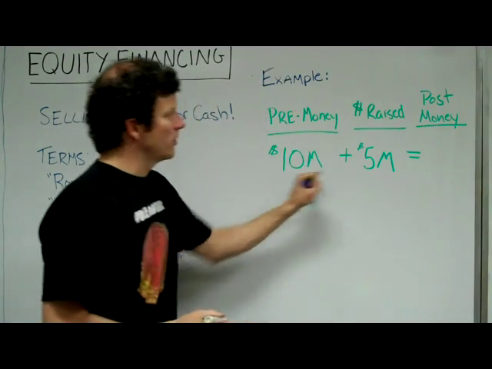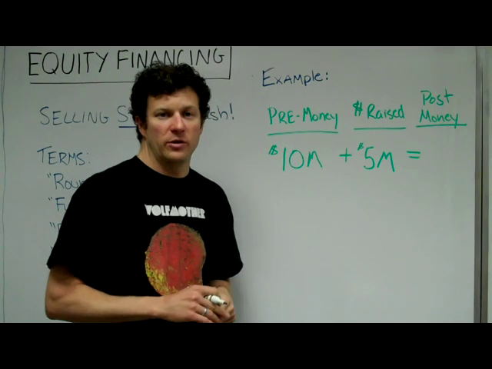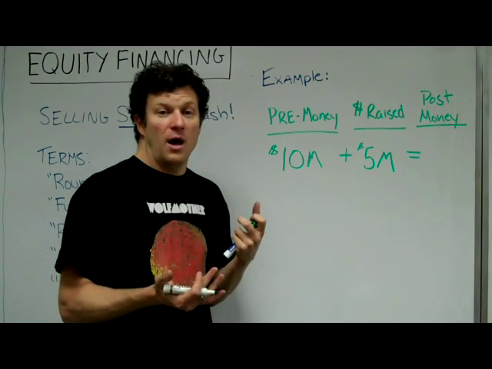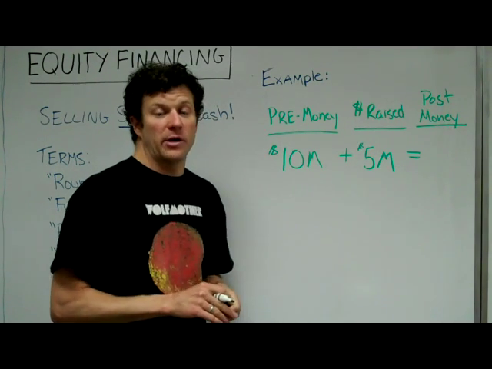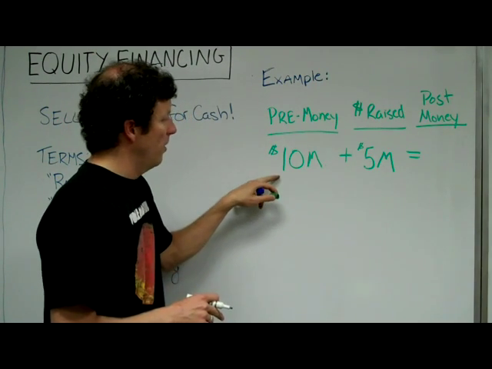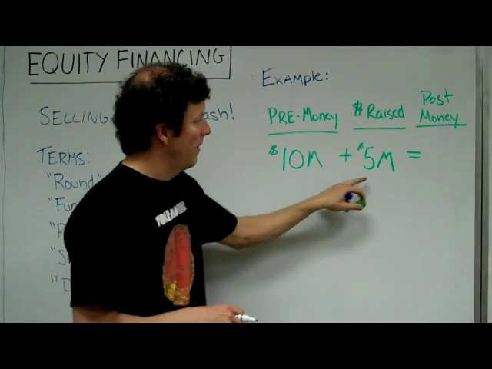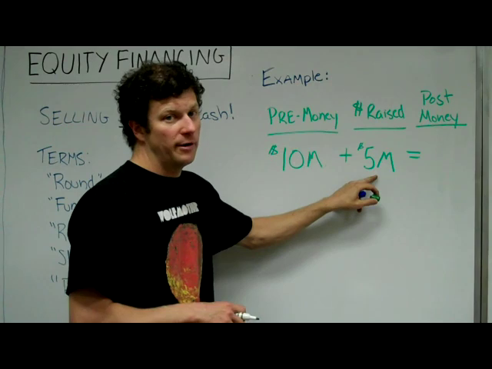The reason these two numbers are important is because it has to do with how many shares you're going to have to issue to the new investor, and therefore how much dilution you experience as an owner or shareholder.